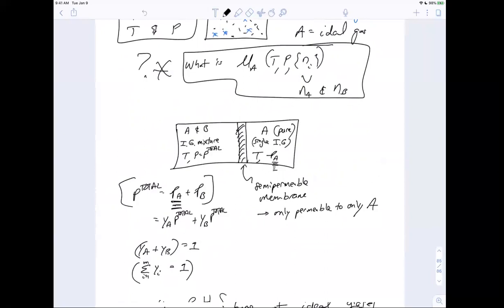So A sees the whole volume of this container, and A doesn't see B. So for all intents and purposes, A is living the good life by itself in this container. And so we said that on the right-hand side, the chemical potential of A, we just computed that, is at T, P sub A. So what do you think the chemical potential of A must be on the left-hand side?